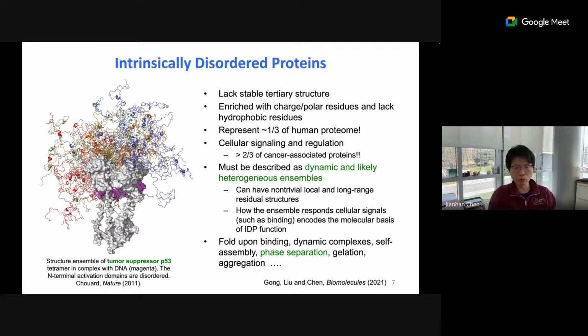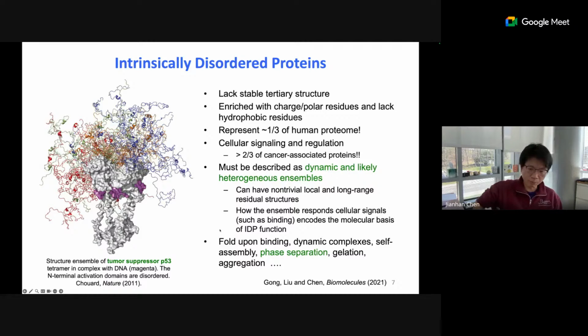It has now been established that these disordered proteins can do all kinds of fancy things. For example, they can fold into a more stable structure upon binding an appropriate target, and they can fold into different structures depending on what they encounter. Or oftentimes they can remain highly dynamic when bound to a specific target. They form so-called dynamic complexes, or another word people in the field use, fuzzy complexes.